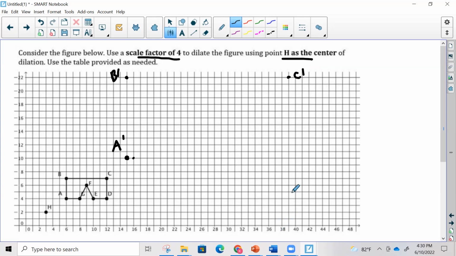D prime was 39, 10. E prime was 31, 10. F prime was 27, 18. And then G prime was 23, 10.